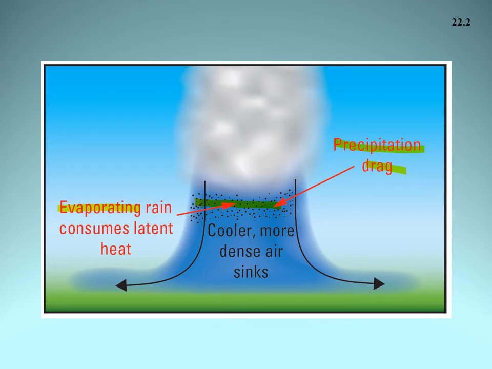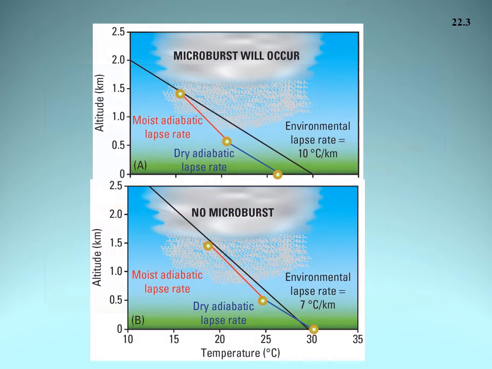So those are the larger scale environmental conditions that we need for a downburst. Basically, a downburst sometimes is called a microburst if it's very small. So evaporation is one of the processes, and this drag of the precipitation can induce these downbursts.